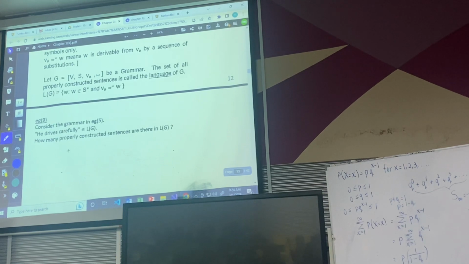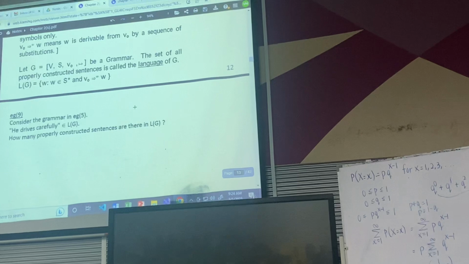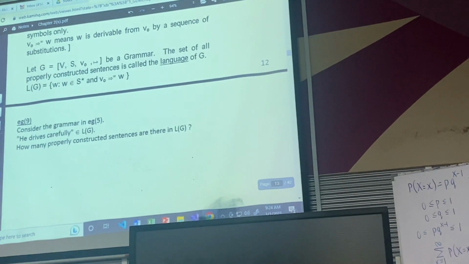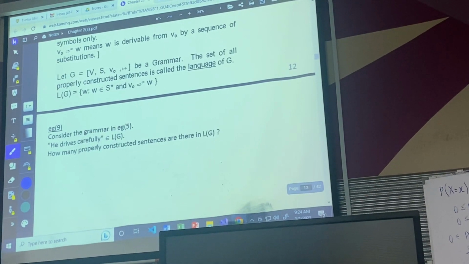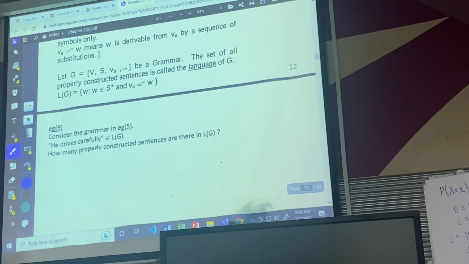Now, one more time, how do we get properly constructed sentences in LG? So here we have he drives carefully belongs to the LG, meaning that if you refer to example 5 again, he drives carefully is one of the correct sentences. Of course, you can have other sentences also. What are the other sentences we can have if you refer to example 5?